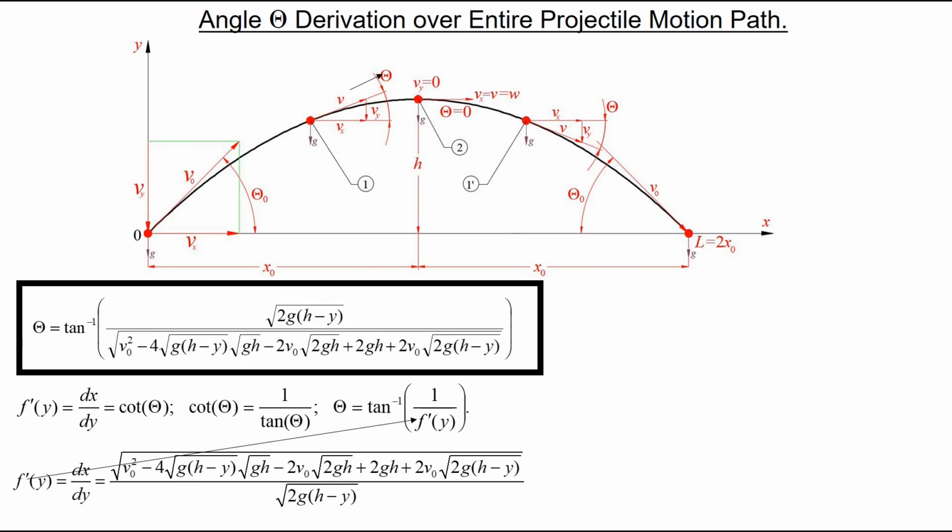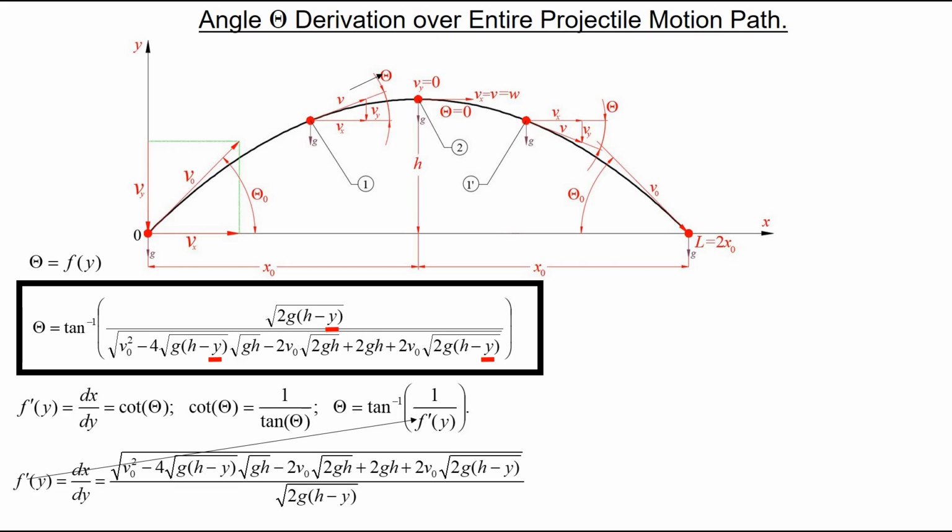Okay, this is not a very neat and beautiful math expression, and it has three y variables inside the tangent function. So based solely on this fact, we can say that the projectile motion path is not a straight tangent line. The main reason for the revision of all parabolic curve projectile motion is that the angle is a constant over the entire projectile motion path, which is not true.